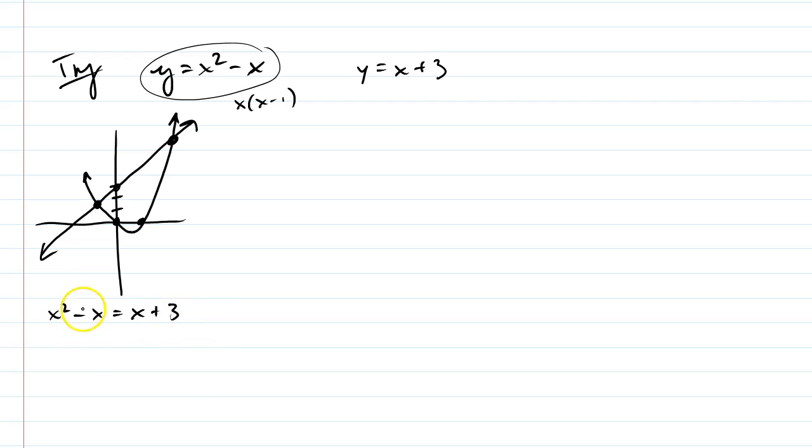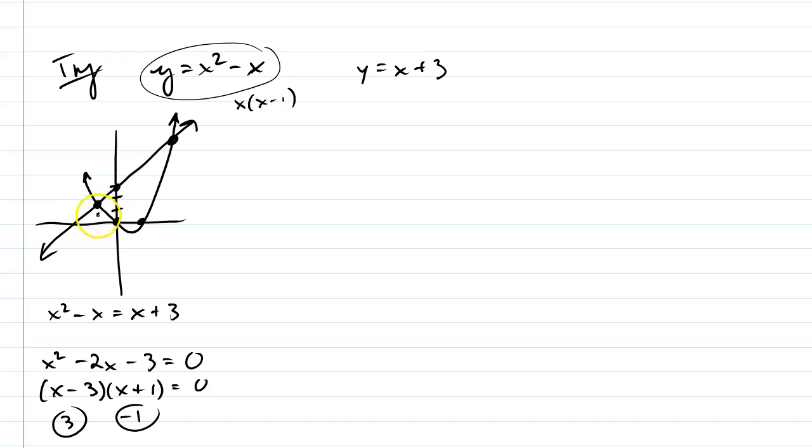And to solve a quadratic, one with a square, we got to move everything to one side. So I subtracted x and 3. And the easiest way to solve this is to factor. So I get -1 as one of my answers, and 3. Meaning, -1 is my start, 3 is my endpoint.